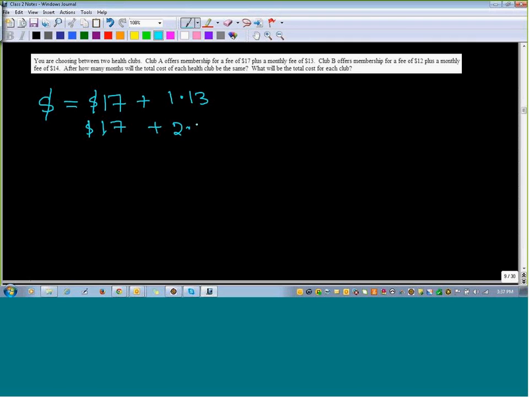And the money you would pay for the second club is the flat fee plus $3 times the number of months. Now, of course, we need to figure out how many months until the total cost of each health club is the same.